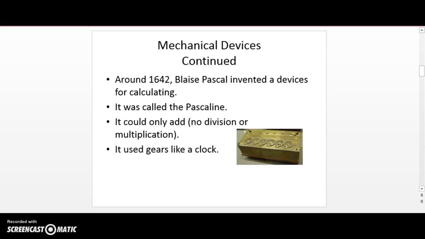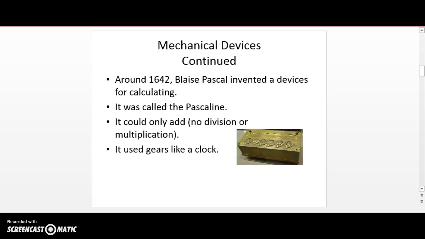However, think about the problems that he had in developing this device. There was no assembly line mass production with standards so that each gear was to a certain specification, so that whether you were making 1 Pascaline or 1,000, all the gears were the same from device to device.